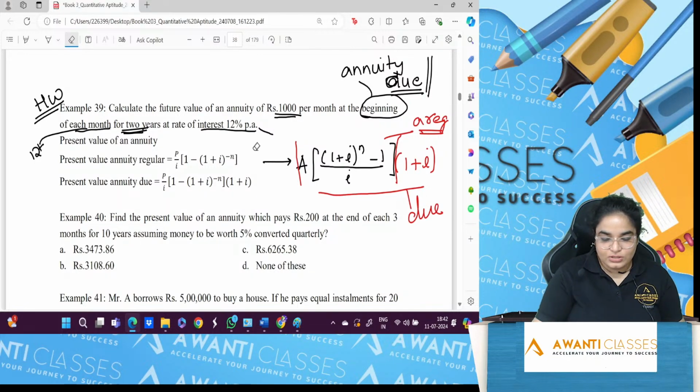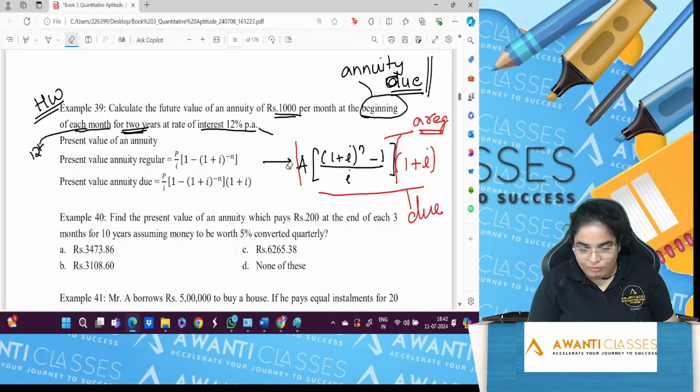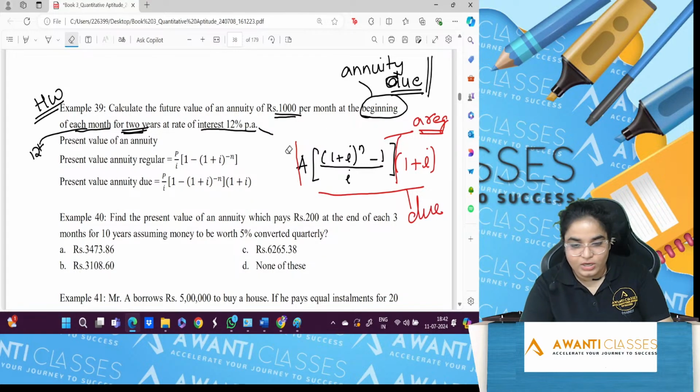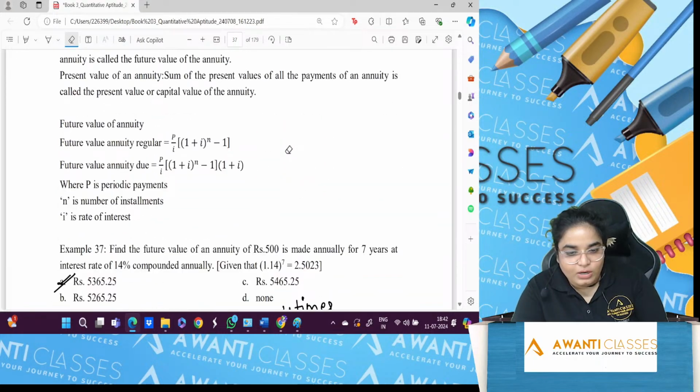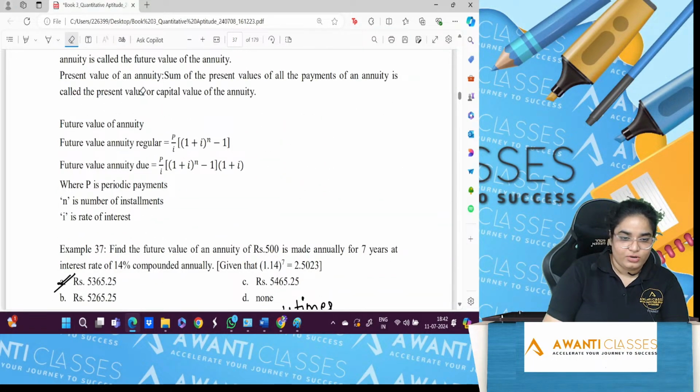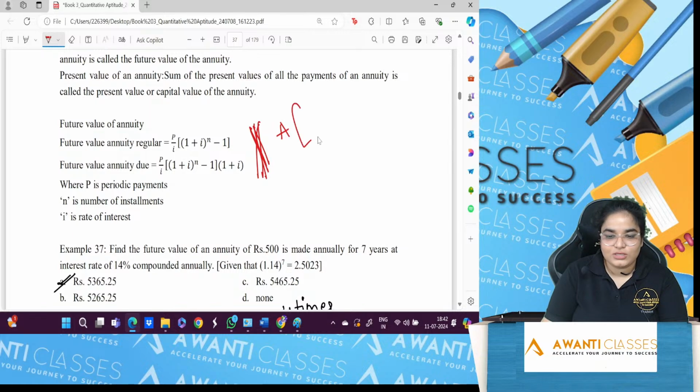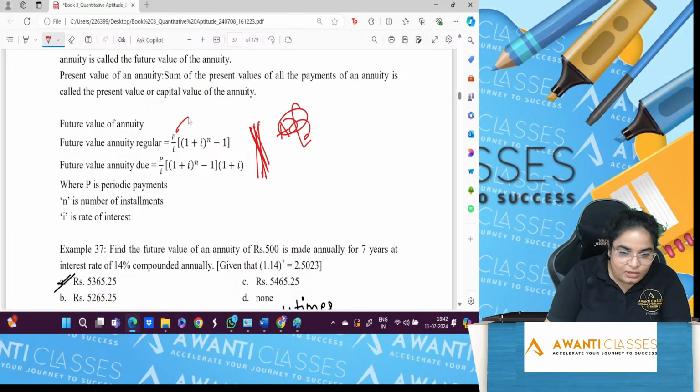You can either use the formula that I'm giving, or you can use the formula on page number 37. Future value you have to use. Instead of this formula, you can use this one. It is the same formula.